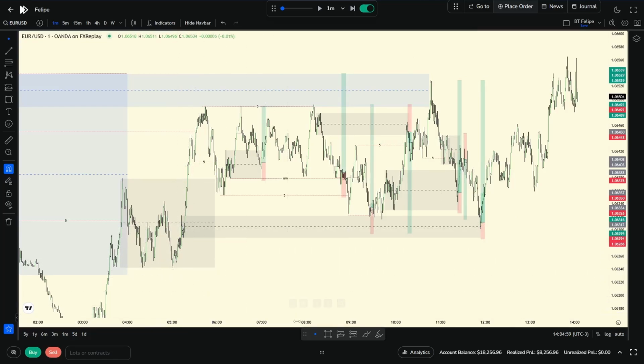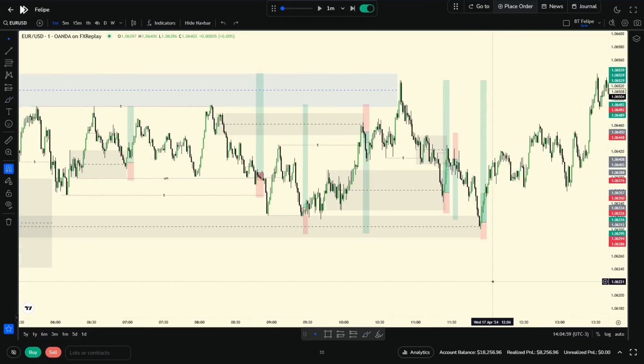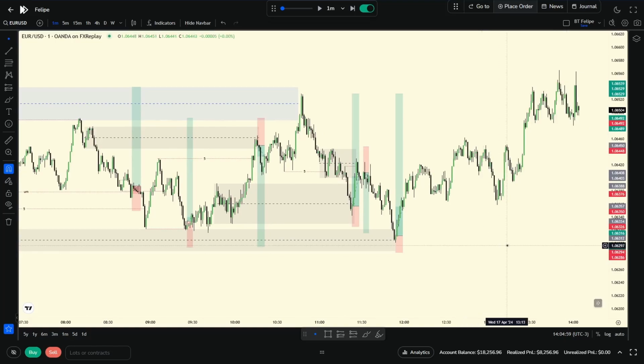There was still this liquidity here. Maybe price could just come here, almost take it out, and then go. So it's a risk that you have to be willing to take. I am afraid of this sometimes.